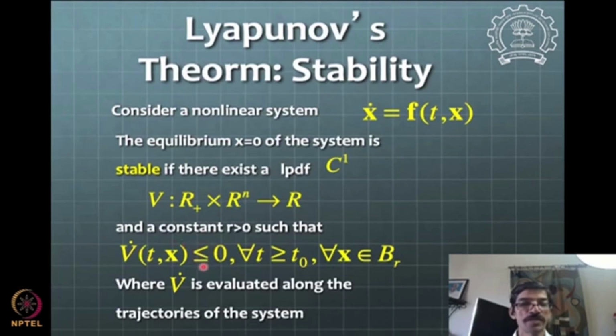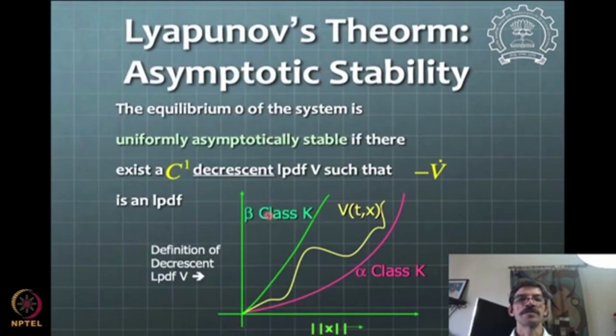Look, this sign is not less than 0, this is less than or equal to 0, for all t greater than t0, and for all x belonging to the ball of radius r. So this constant r is defined such that this condition is valid at least for some distance, some norm, around the origin. Then we have the equilibrium of the system. V dot is evaluated along the trajectories of the system. Then this equilibrium of the system is uniformly asymptotically stable.